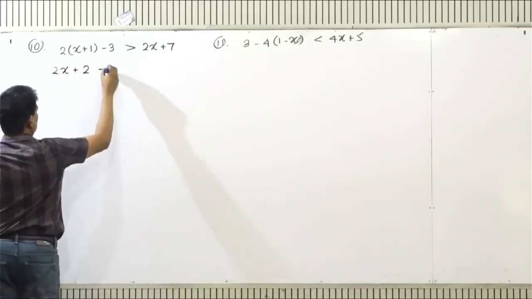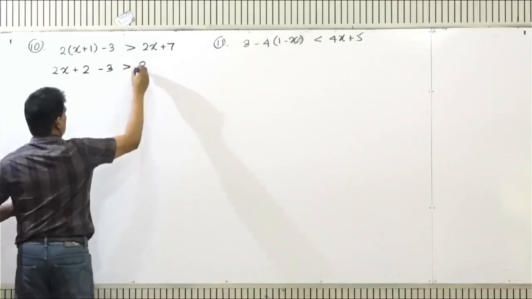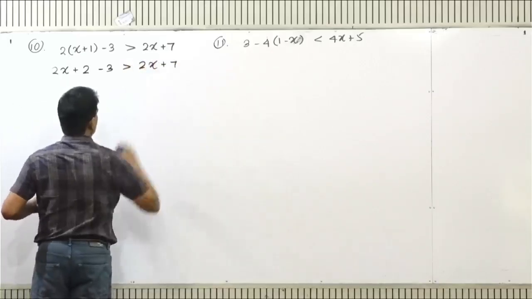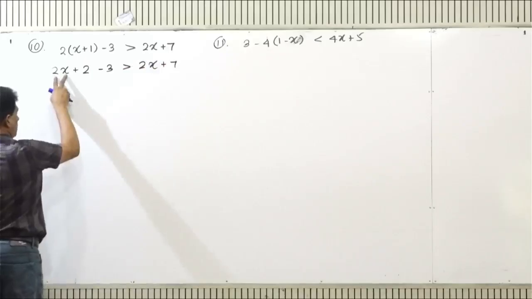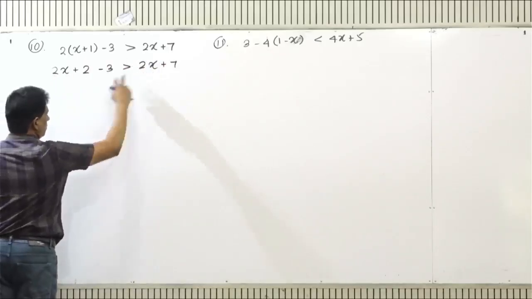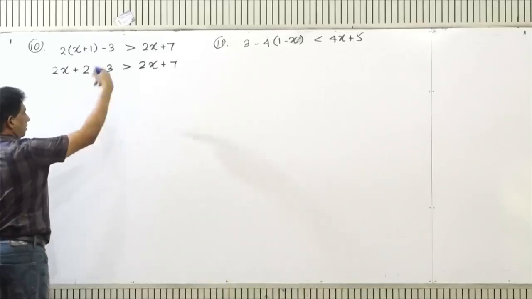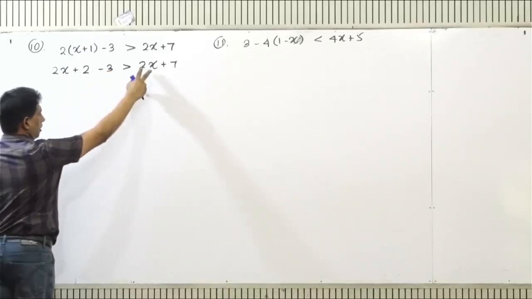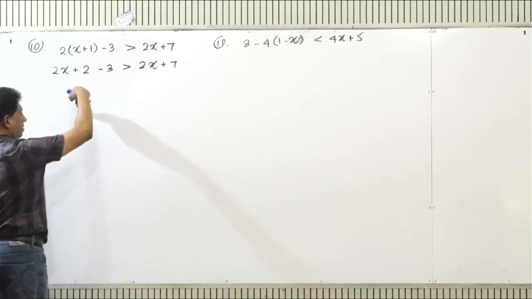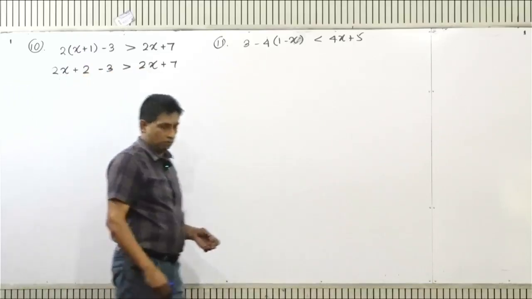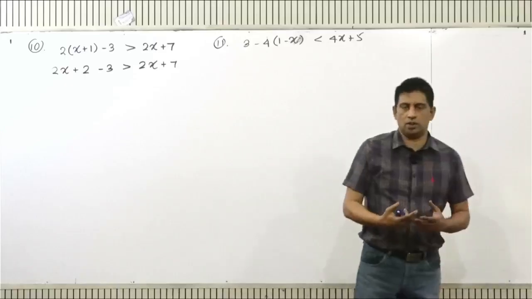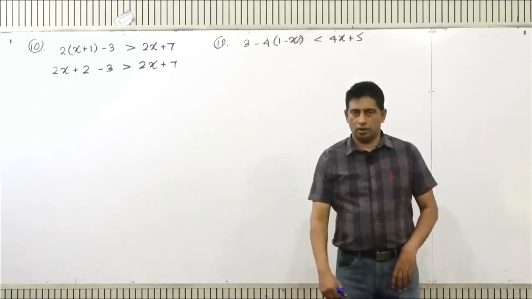No? Here minus 3, here 2x plus 7. Now left hand side positive 2x, right hand side also positive 2x. If we take this positive 2x left hand side, what happened? Positive 2x minus 2x means that term is removed. No?